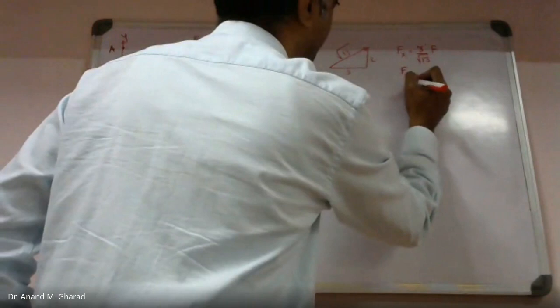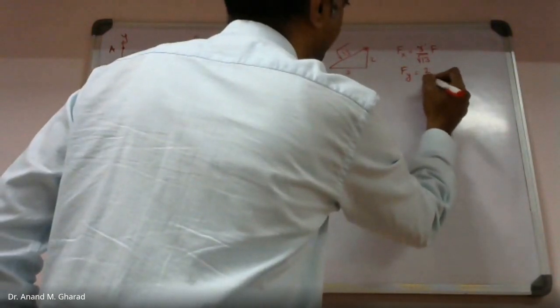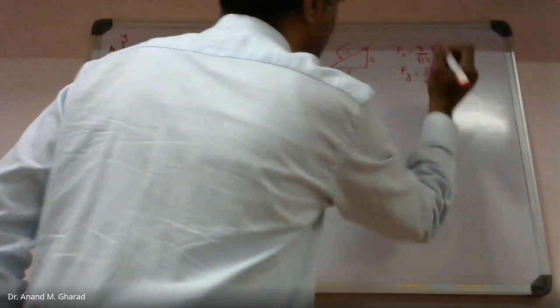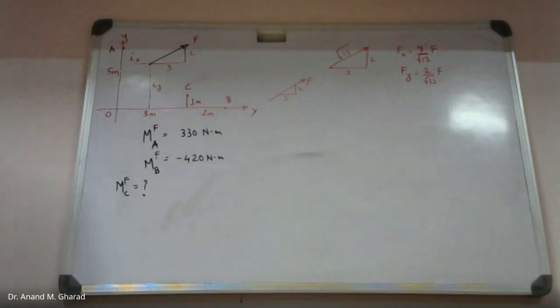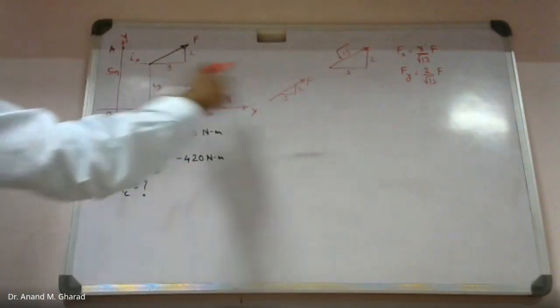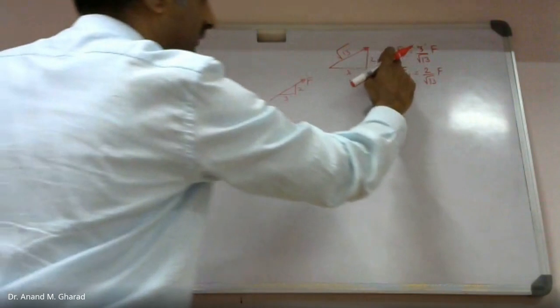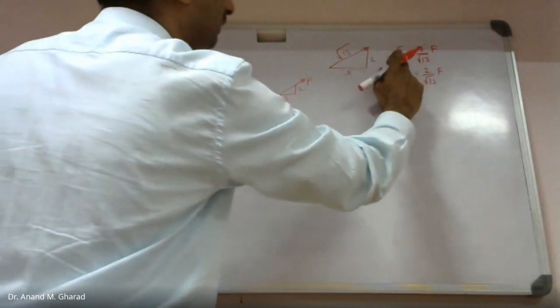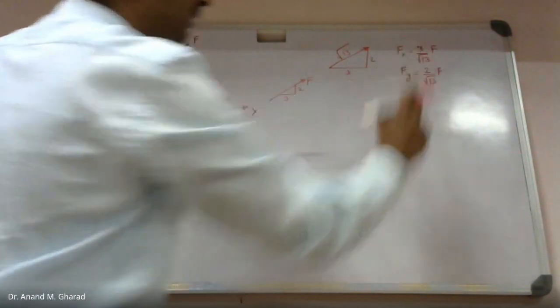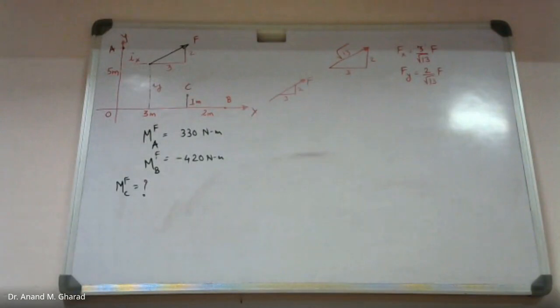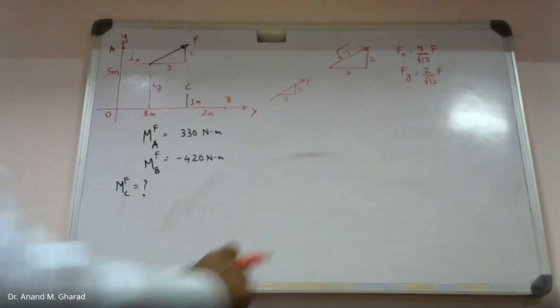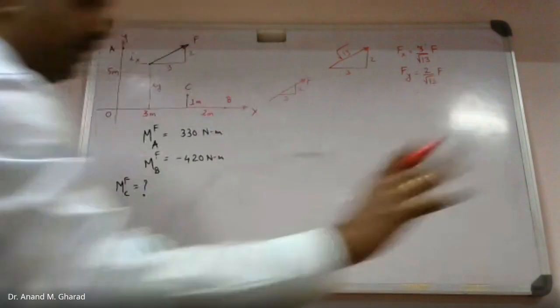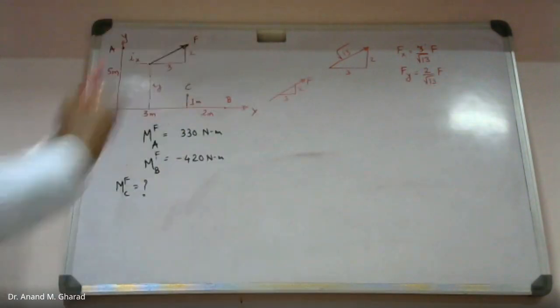Similarly, Fy will be equal to 2 by under root of 13 times F. Correct? So based on this geometry, Fx shall be 3 by under root 13 and Fy shall be 2 by under root 13 times F. Okay, so this is what I know.